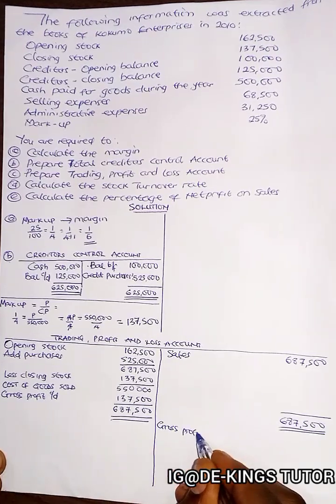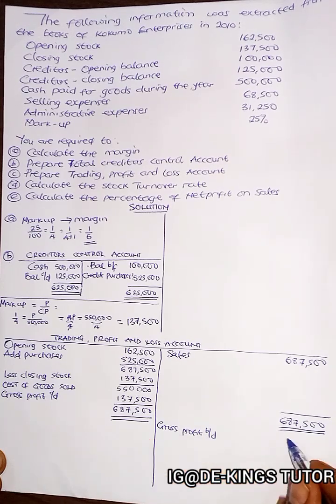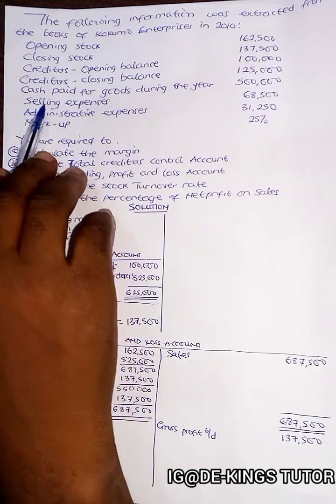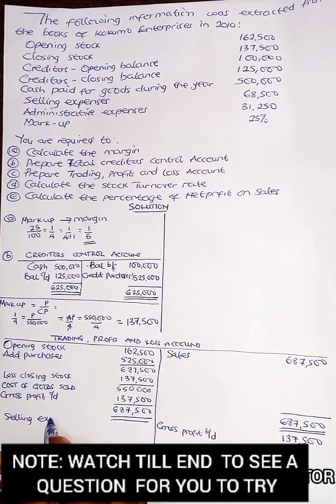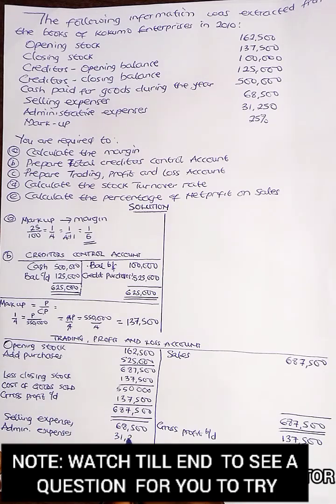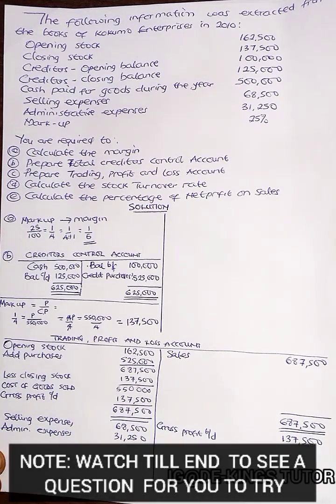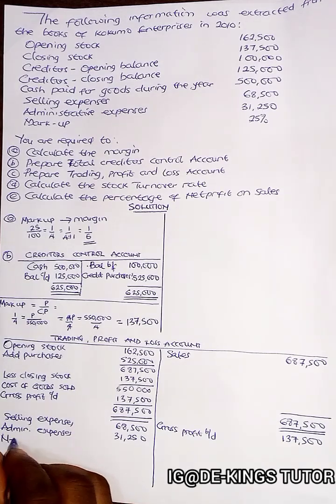Now we bring down our gross profit, 137,500. They give us expenses: selling expenses of 68,500 and administration expenses of 31,250.